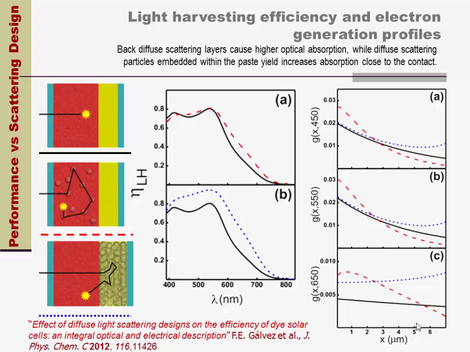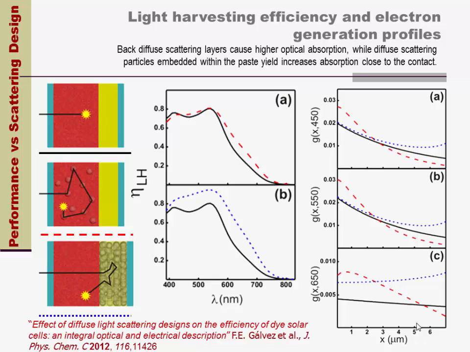However, when I have this design here, you can see that the maximum absorption takes place closer to the metal contact. So in principle, with this design, I'm favoring electron collection because I'm increasing the absorption closer to the metal contact.